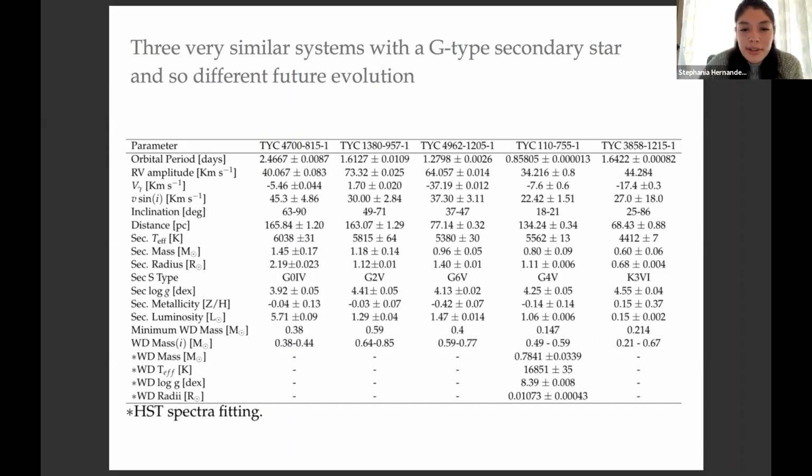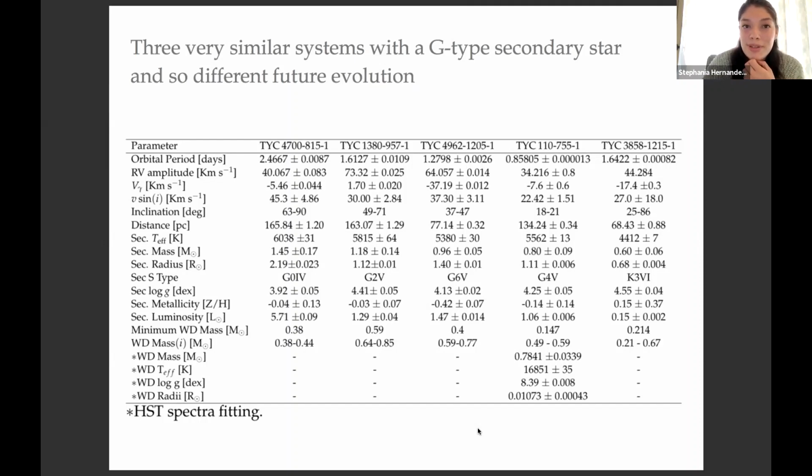I'm sorry, I forgot the other question. Could it be that these systems are younger and didn't have time to circularize? You mean for eccentric? Well, I think they can be, but I am not really sure about triple systems.